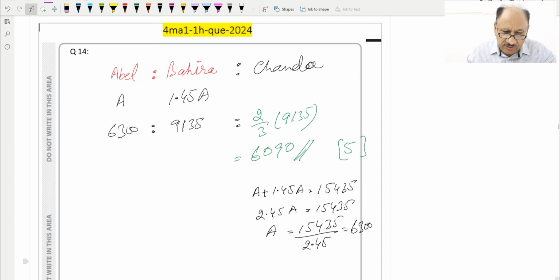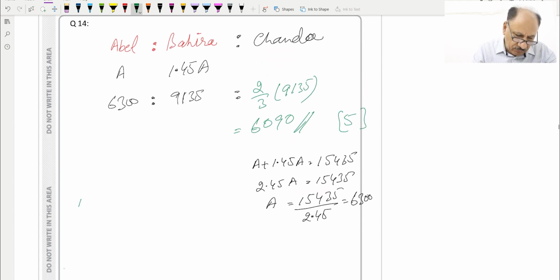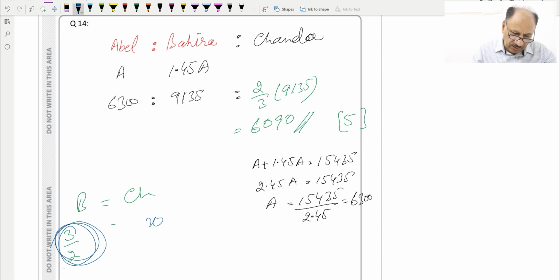Why have we multiplied by 2 by 3? Because Bahira's savings are 3 by 2 of Chanda's. For example, Bahira's number is 3 by 2 of this one, x.